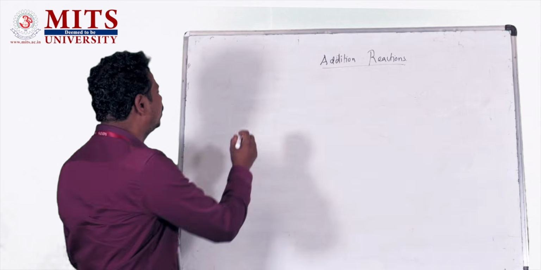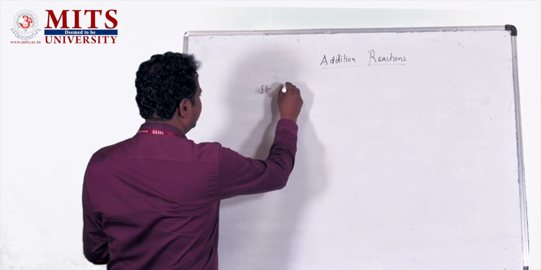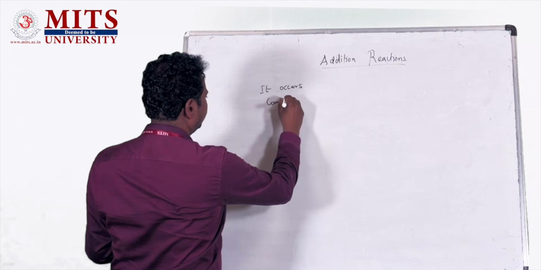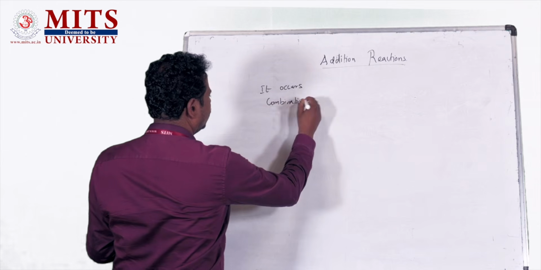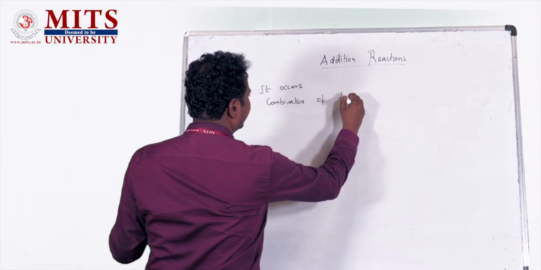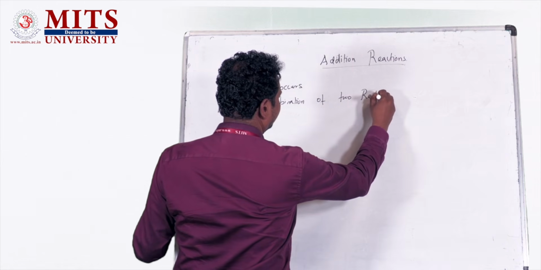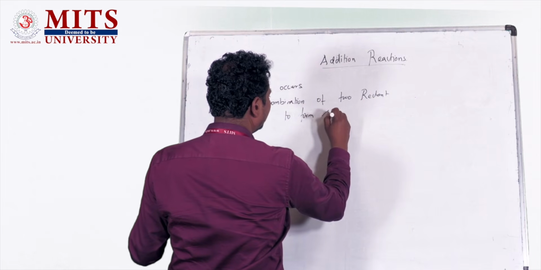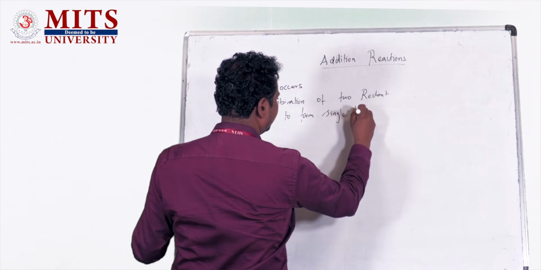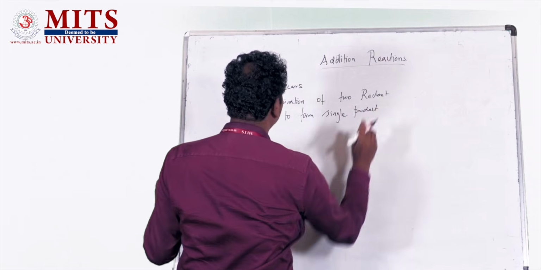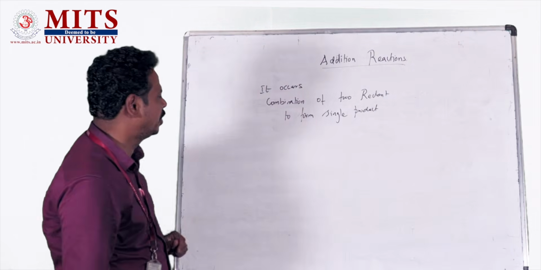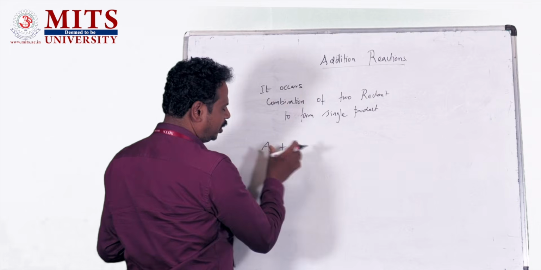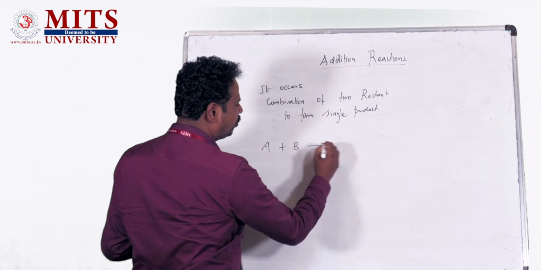That means it occurs by combination of two reactants to form a single product, which is called an addition reaction. Example: reactants A and B react together and form the product C.